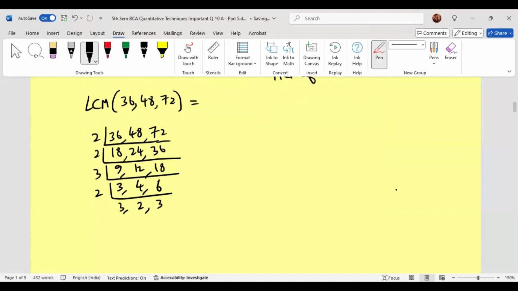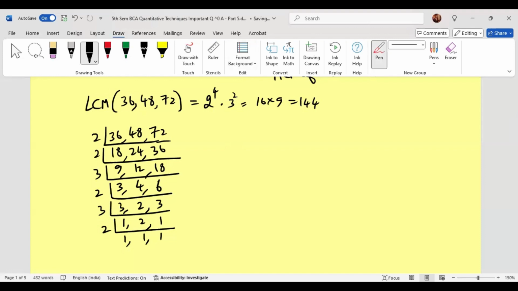Now we'll consider 3: 1, 2, 1. Now we'll consider 2: 1, 1, 1. So the LCM will be 2 to the power of 4 multiplied by 3 square. That will be 16 into 9, which is 144.